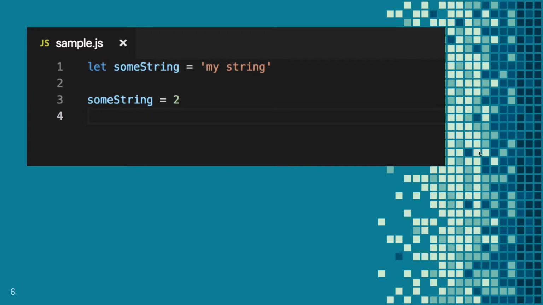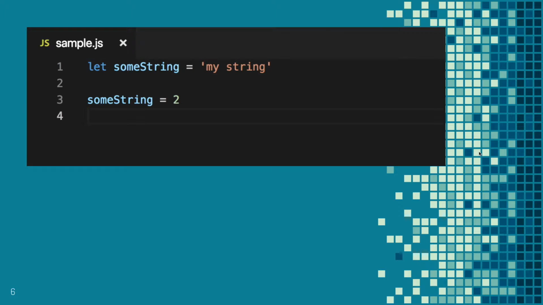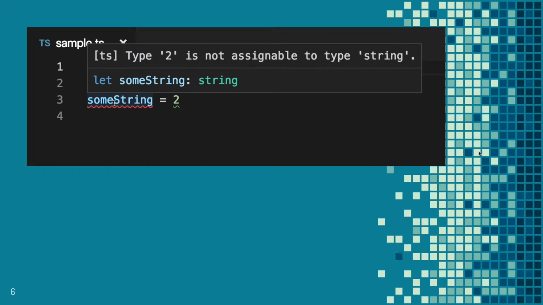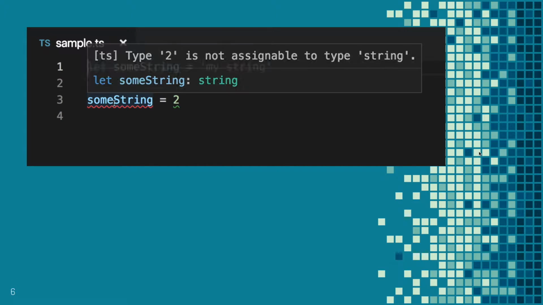This is kind of the bare minimum, is that you have your sample.js file, and TypeScript is called a superset of JavaScript. So any JavaScript file where you just change the extension to TS is automatically a valid TypeScript file. And TypeScript can do some fantastic things, which is that I want this some string to be a string, and in JavaScript I'm never going to get yelled at for that because JavaScript doesn't know anything about the types of my code and what types are allowed to be where.